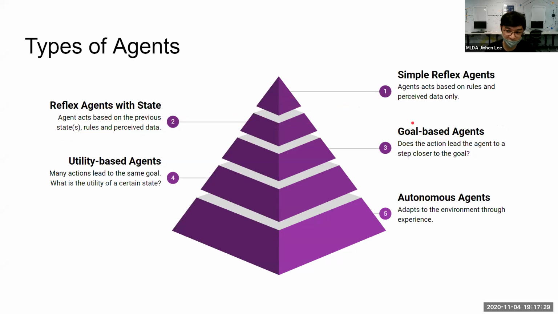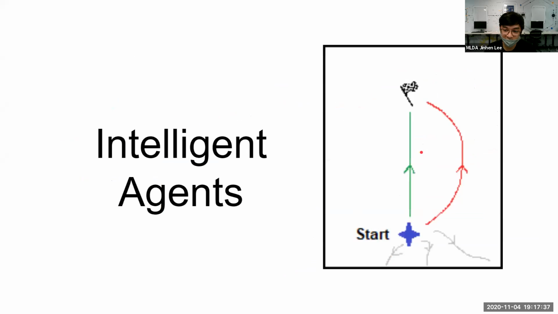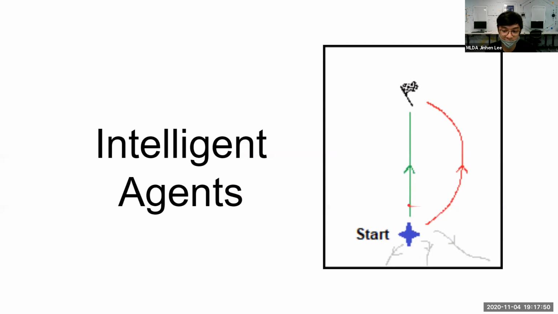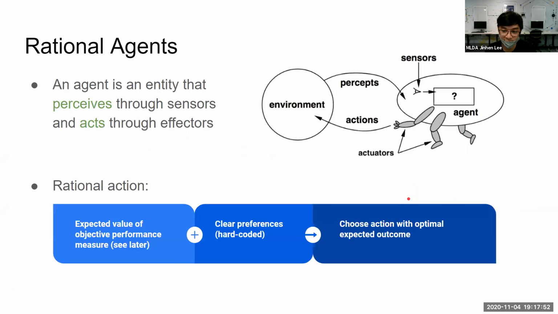So with increasing complexity, we ask ourselves: does this action lead the agent a step closer to the goal? Going back to this example, if it goes forward, the distance to the goal decreases, so I would say this is a good action. But if it goes backwards, the distance increases, so that wouldn't be a correct action in that sense.